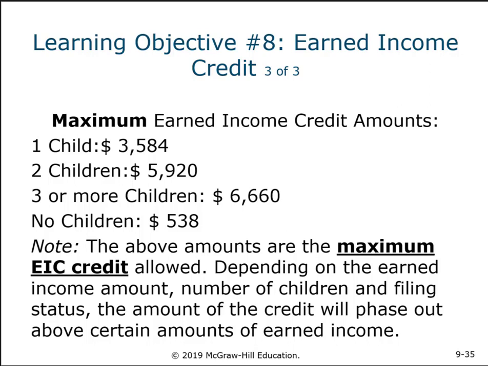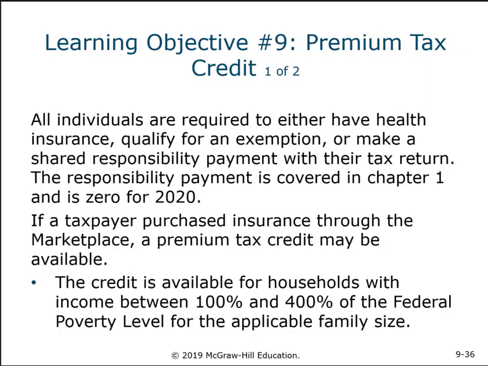Same table, and you pick whichever is the lowest amount. And what I mean by looking it up, you're looking based on income, and you're looking based on number of children, or filing status across the top. You find the amount of the credit using AGI and using earned income, and take the lower of the two as your credit. That's the way to do it. There's an example in the learning module.